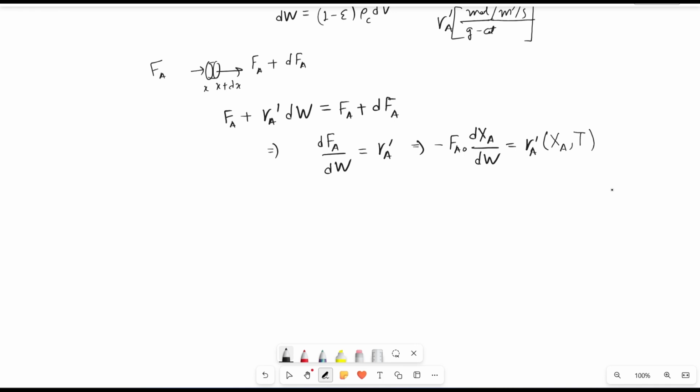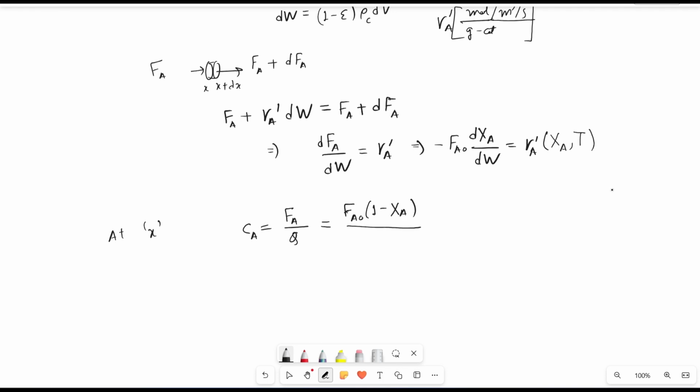Now the gas phase concentration is defined at point X. At point X, concentration of A is Fa by total volumetric flow rate, which is equal to Fa naught (1 minus Xa) divided by the volumetric flow rate.